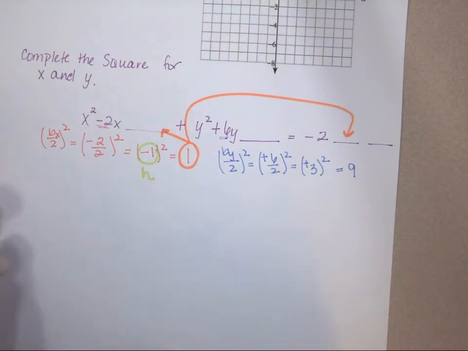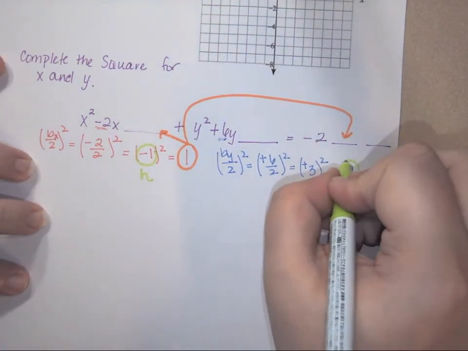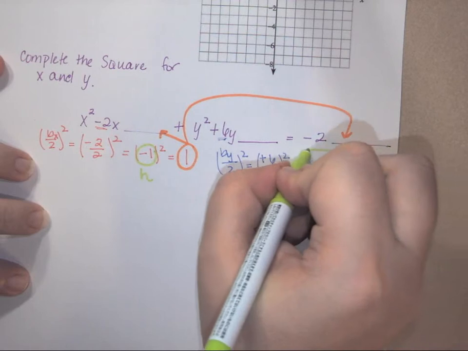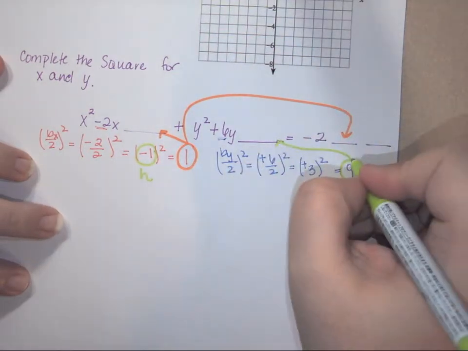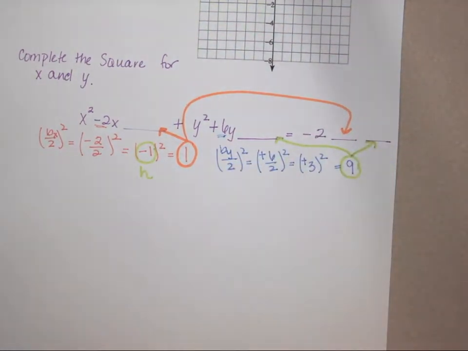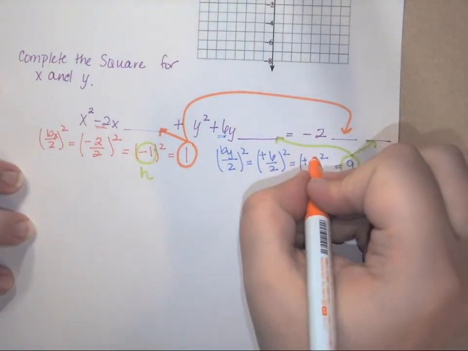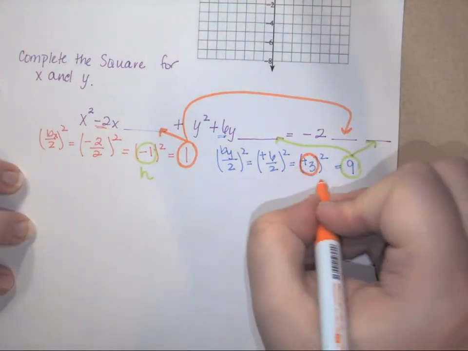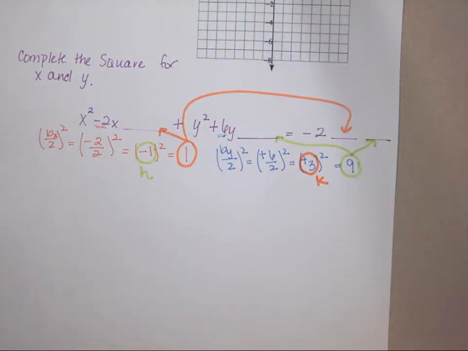So just like before, this 9 right here is what goes up into my 2 missing blanks. Well, that means this +3 right here is going to be my k value. So let's take a look at how that works.